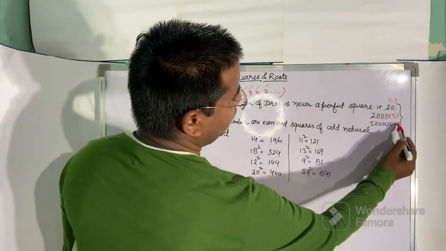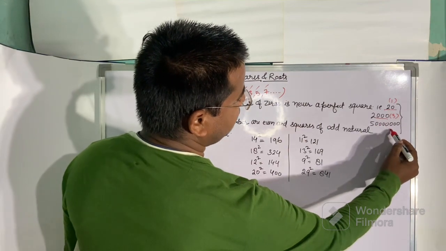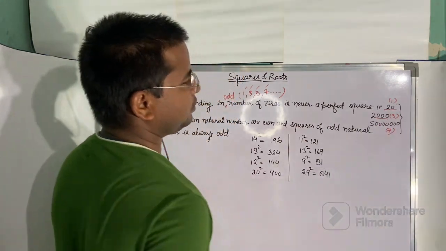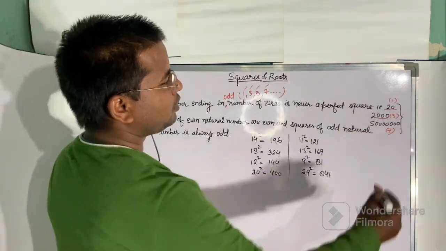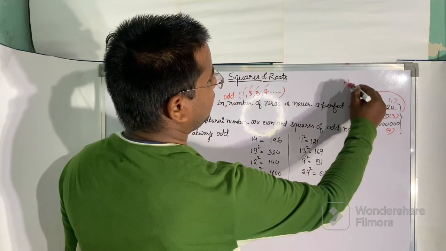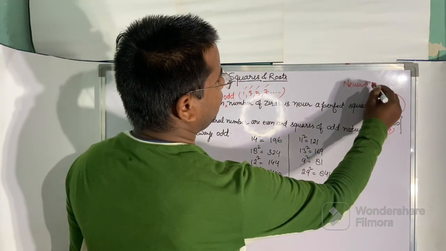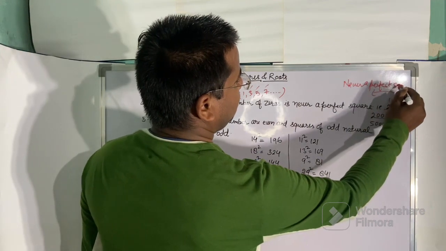And a number with 1 2 3 4 5 6 7 means 7 zeros. So these have an odd number of zeros, so they are never a perfect square.